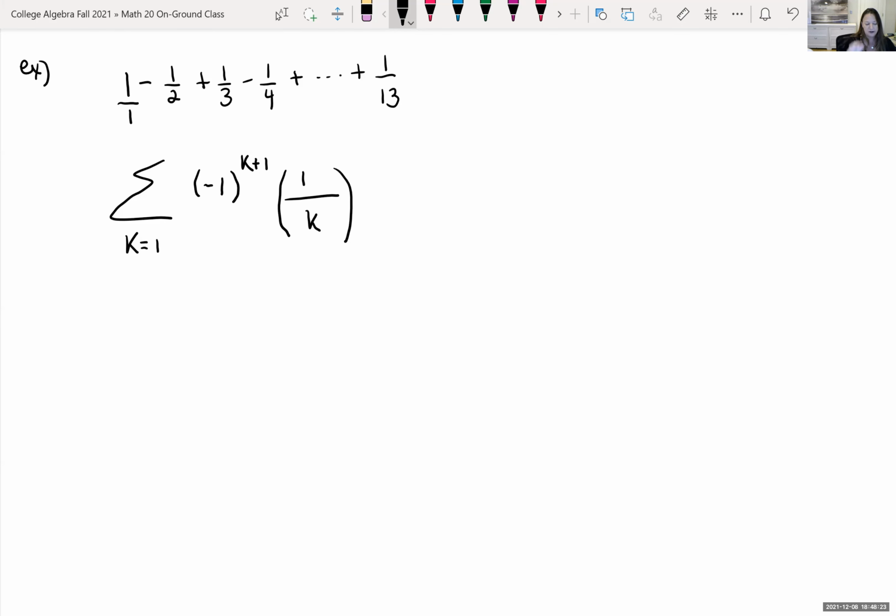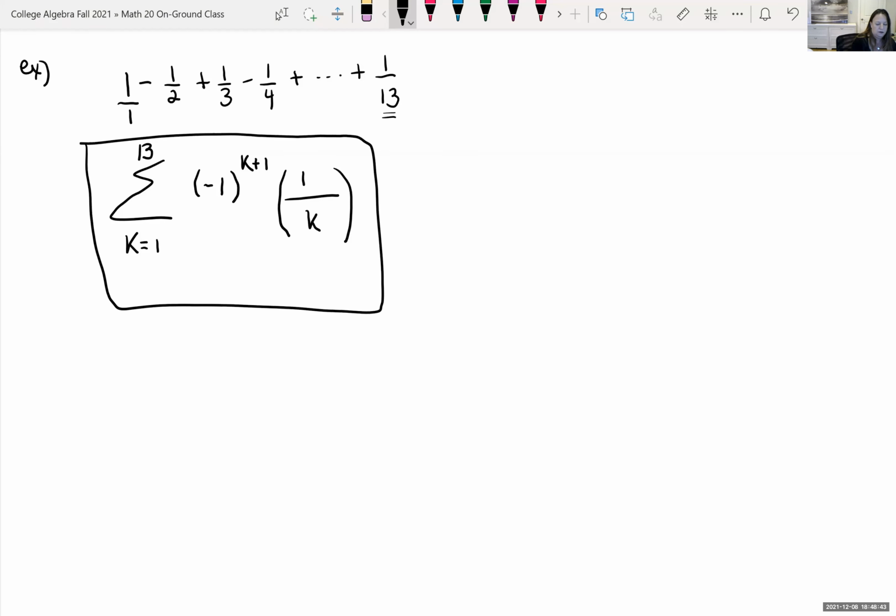When k is 2, we'd have 1 over 2, and this would give us a negative in front. So that works. We need to figure out which number we're ending in, and the last denominator is 13. So this looks like I'm summing up to 13. And so there's the summation that represents the sum or difference of those terms above.